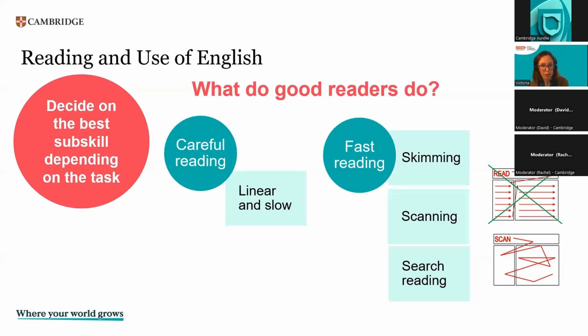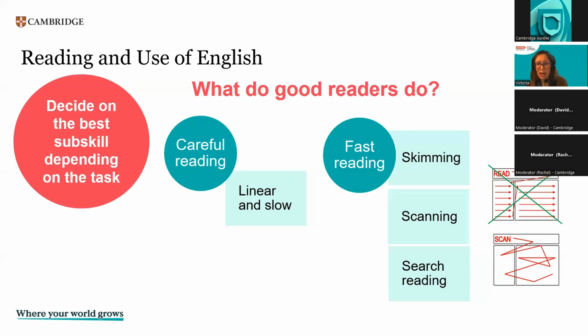When to use careful reading, which is linear, which is slow, which is going to give you an accurate idea of main ideas, supporting detail, and then also combine it with fast reading when necessary.